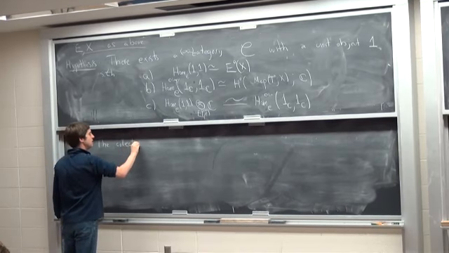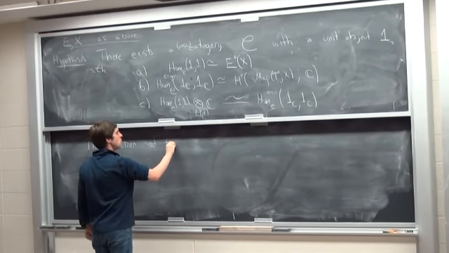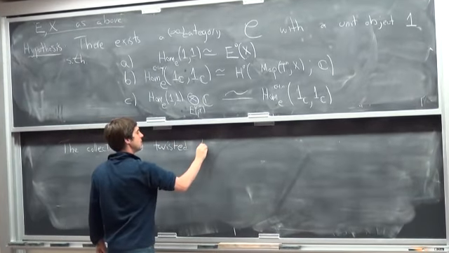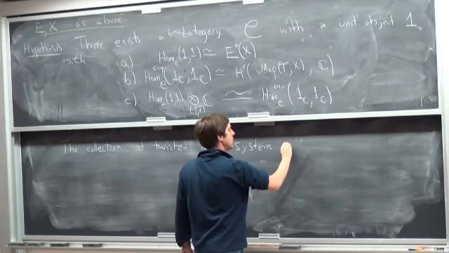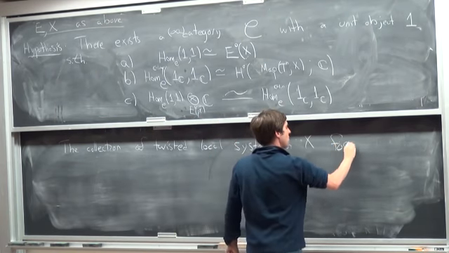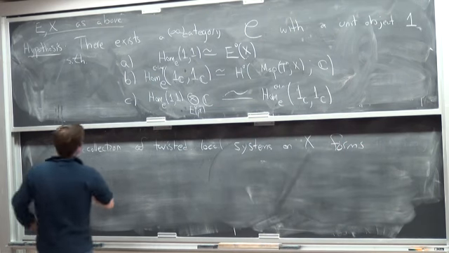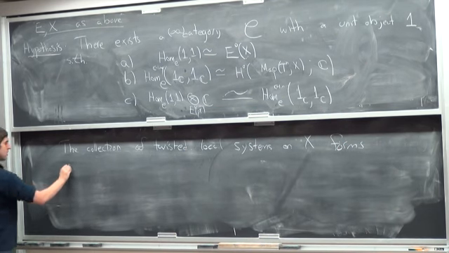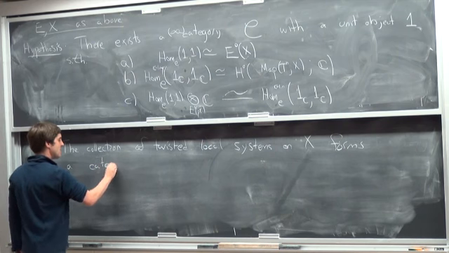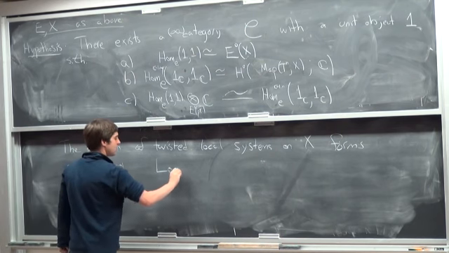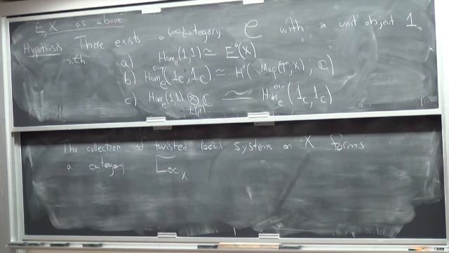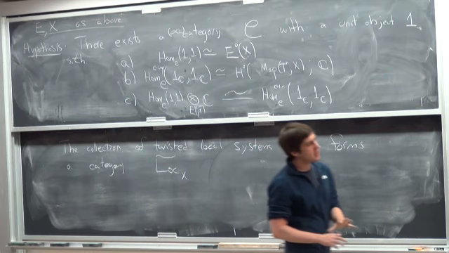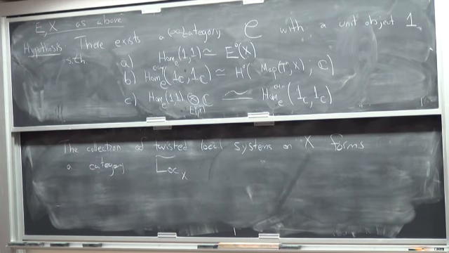So the collection of twisted local systems on X can be organized into a category, or really an infinity category. I'll just say a category. Let me write it as loc X, but I'll write a little tilde to remind you that it's twisted. And this category is linear over this ring.